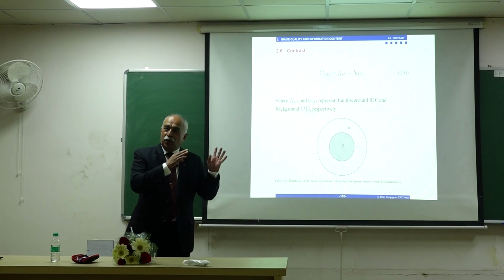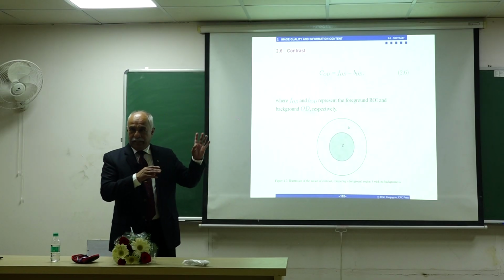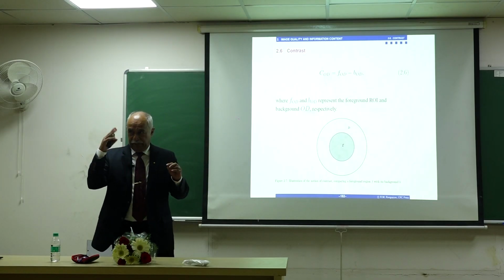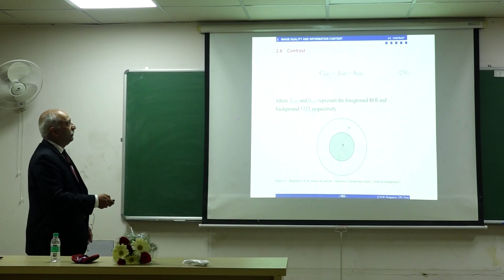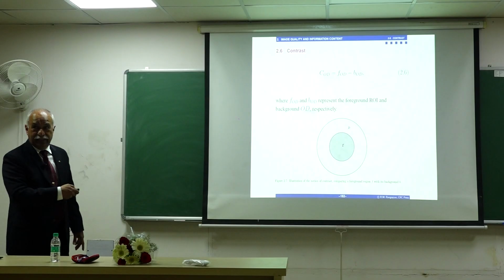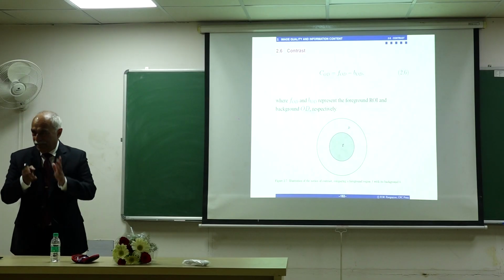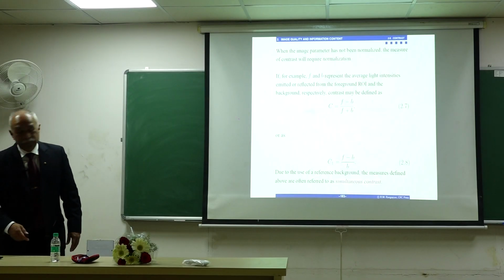If it is already normalized, optical density is a normalized ratio. So then you just subtract the two. Easy. If the optical density of F is higher, this is darker, then it is positive. But it depends which unit you use.